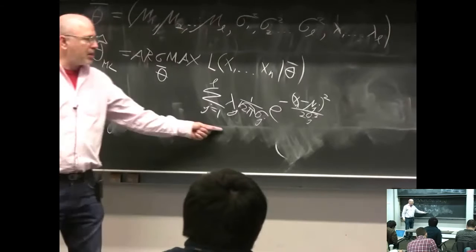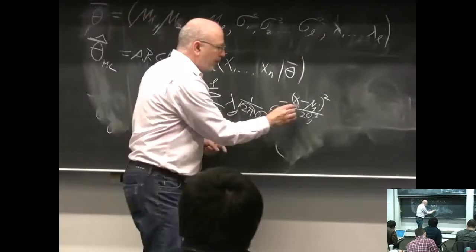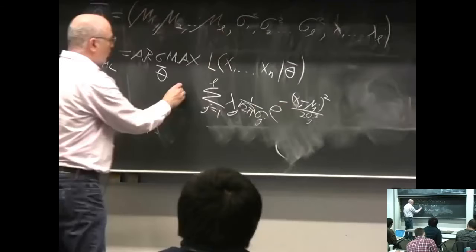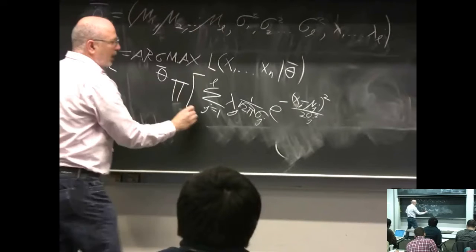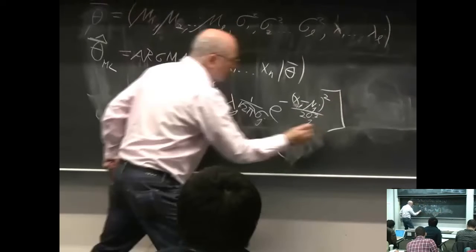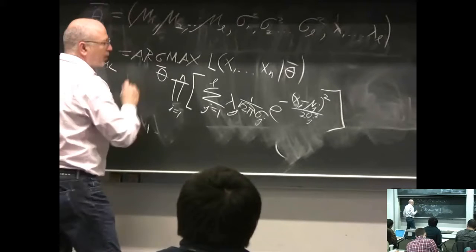And all of this is the likelihood of a single point, xi. So now I need to take the product of all of this, i goes from 1 to n.